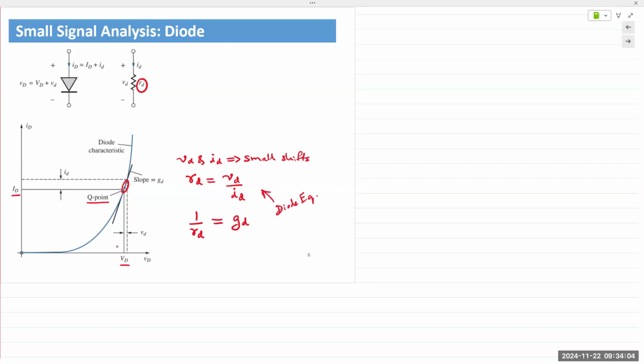For a forward bias diode, GD is equal to ID plus IS over the thermal voltage VT. Because in forward bias, ID is likely to be far more than the saturation current IS, we can approximately write this as ID over VT.